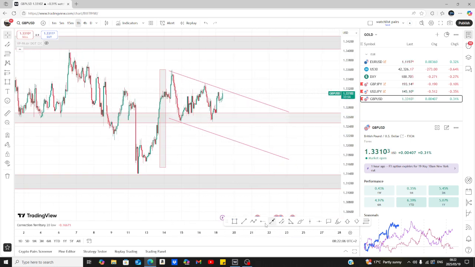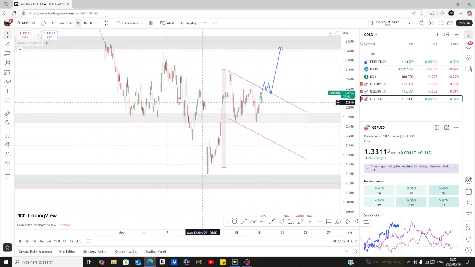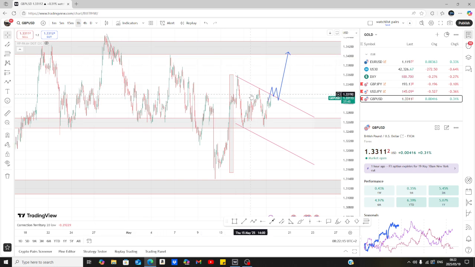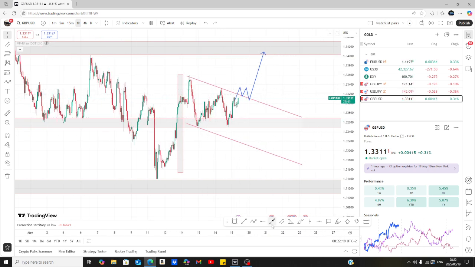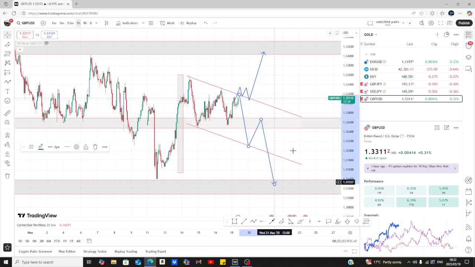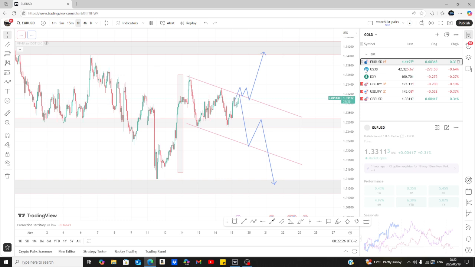It's very possible to see price break out of the structure, give a lower time frame correction, and then retest the zone where it came from. So that's the current outlook. If price does then push below and give a retest of the structure, obviously the outlook will change.